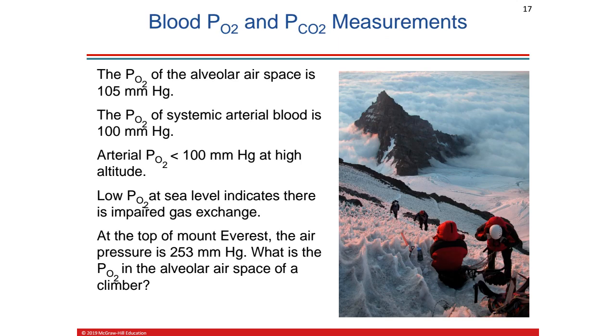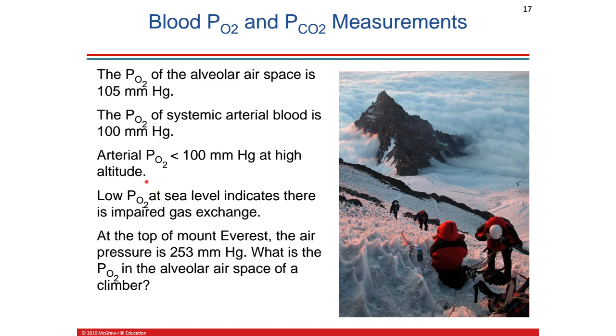So a very important parameter for health is the arterial partial pressure of oxygen. Normally, that's about 100 millimeters of mercury, as we've discussed already, and that's a little bit lower than the PO2 of the alveolar airspace, which is 105 millimeters of mercury. Now, there are certain situations in which the arterial PO2 will be lower than 100 millimeters of mercury. So, for example, for climbers going to a very high altitude, it's going to be lower than 100 millimeters of mercury.